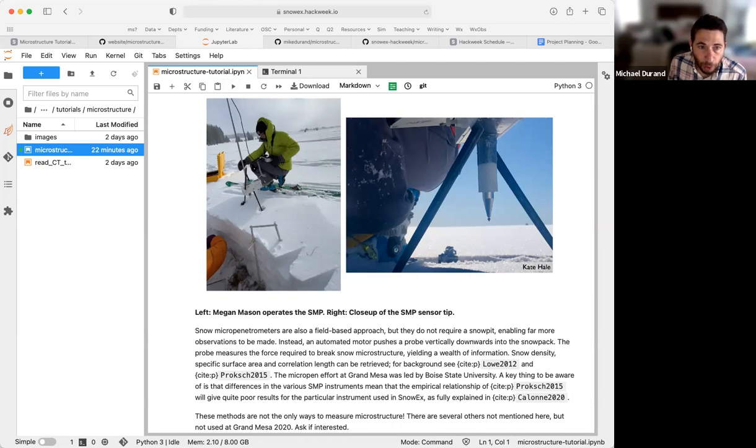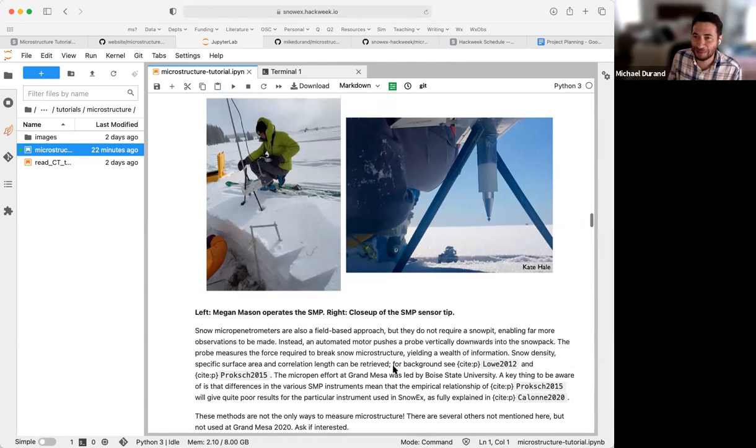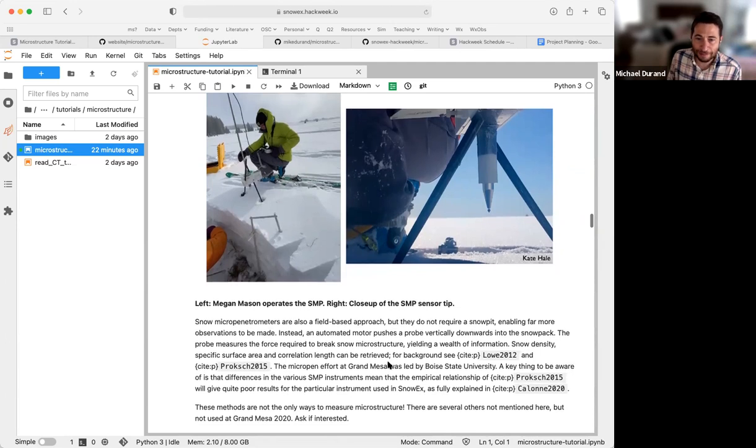So there's this long pole that literally is pushed with a motor down vertically through the snowpack. And there's a sensor on the tip that measures literally the force it requires to break the snow grain bonds as it goes down vertically through. I've probably butchered that, Megan, but that's my simple way I think about it.